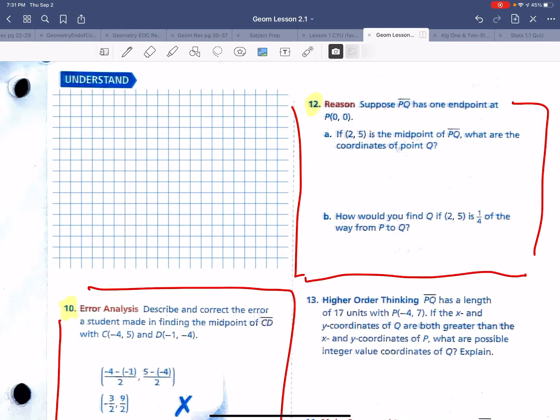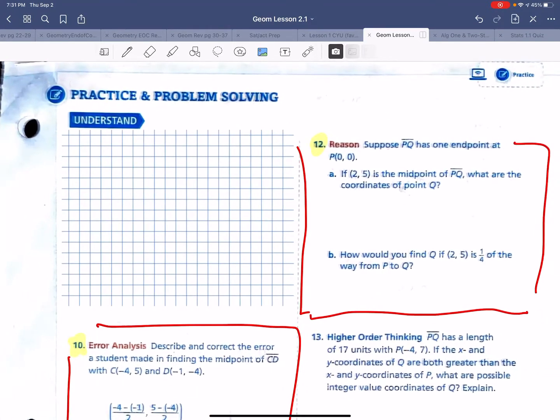Okay, so question number 12 says, suppose that P and Q have one endpoint and that P is at 0, 0. All right, so we're going to graph that. They tell us that the midpoint of this line is at 2, 5.